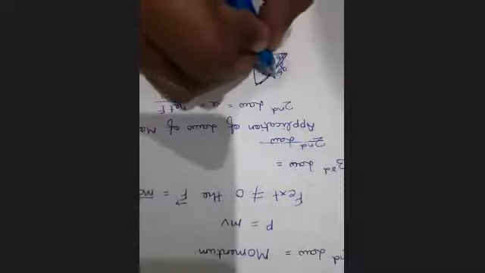Gravity acts downwards. Here is an angle theta. Then g cos theta acts on this side and it makes an angle theta. And then this is known as g sin theta.